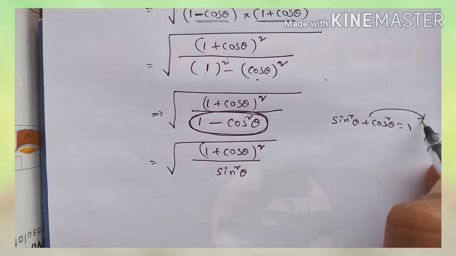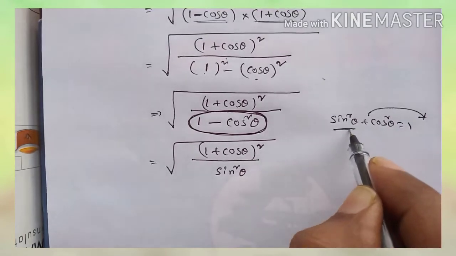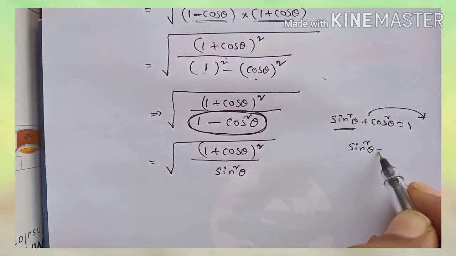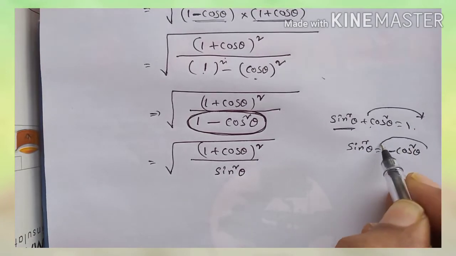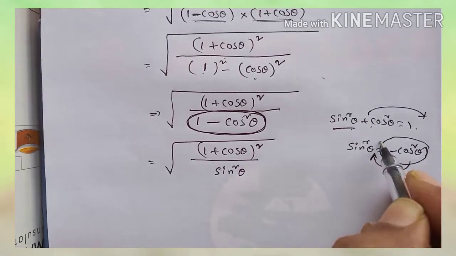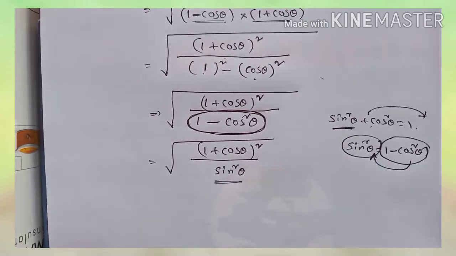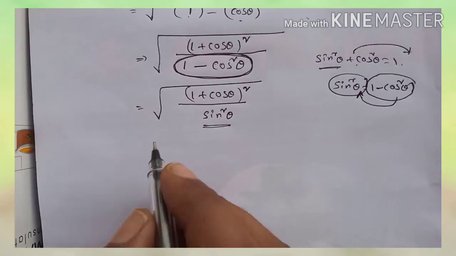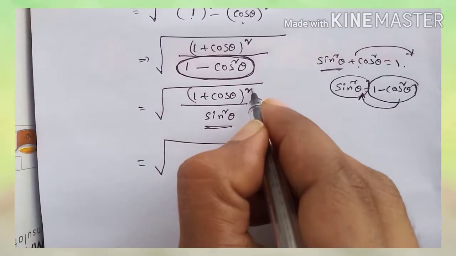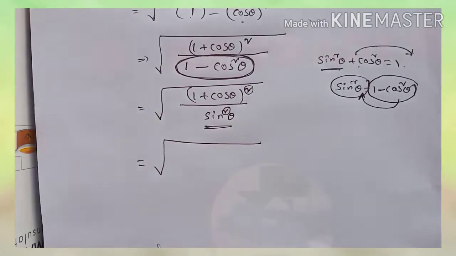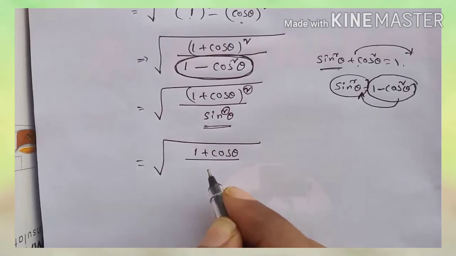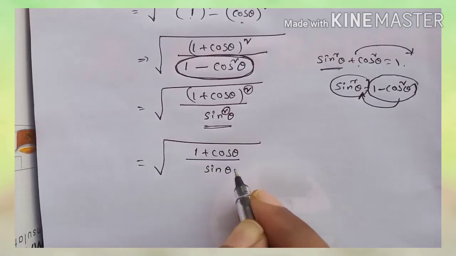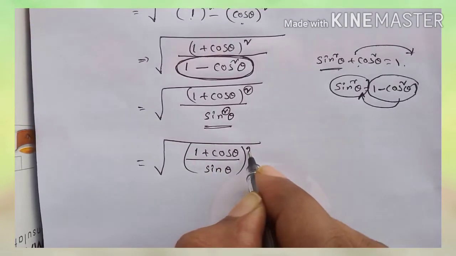Transposing the cos value, sin square theta is equal to 1 minus cos square theta, so we write sin square theta, which we applied here. Now the numerator has a square and the denominator also has a square, so we can write (1 plus cos theta) by sin theta whole square.